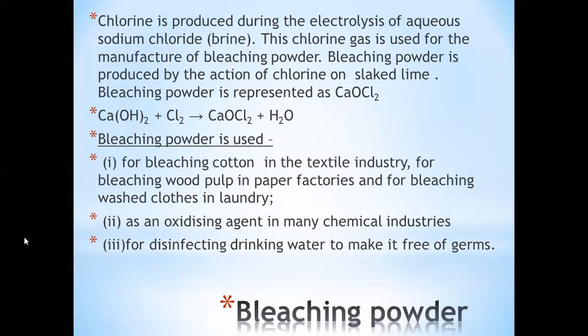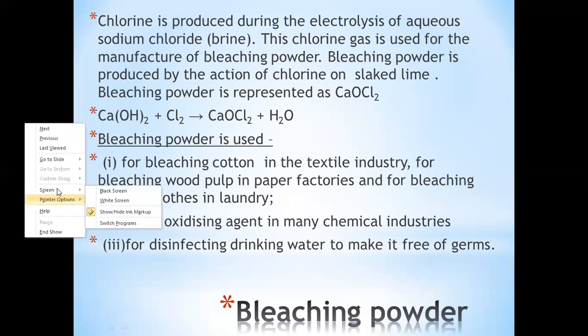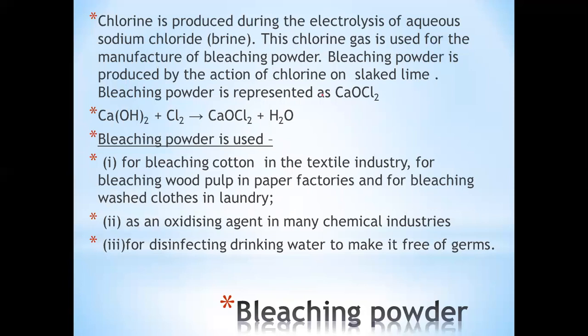Next compound is bleaching powder. Chlorine gas produced during the electrolysis of aqueous solution of sodium chloride is used for the preparation of bleaching powder. Bleaching powder is produced by action of chlorine on slaked lime, calcium hydroxide.